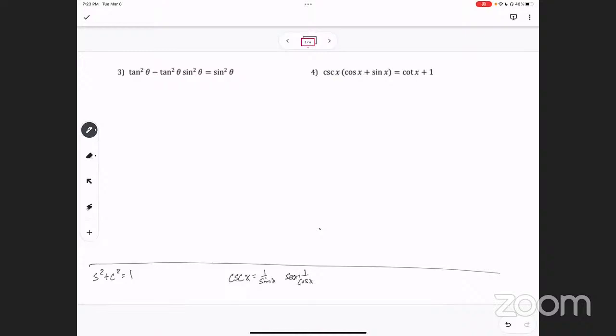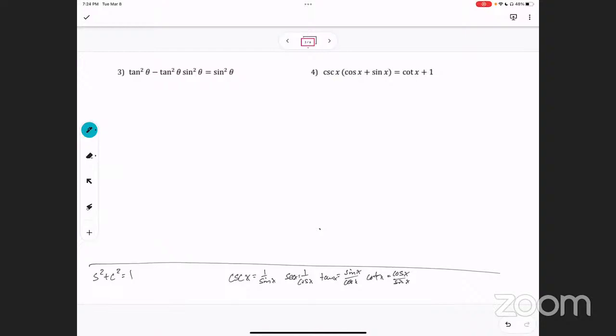And tangent is sine over cosine. And cotangent is cosine over sine. Okay, so now I'm going to just think of dividing everything by cosine, or by sine.